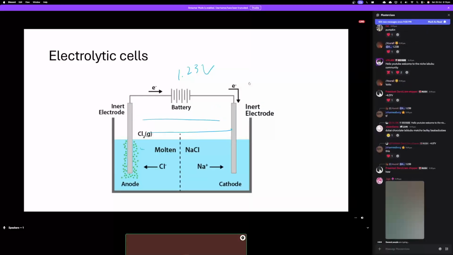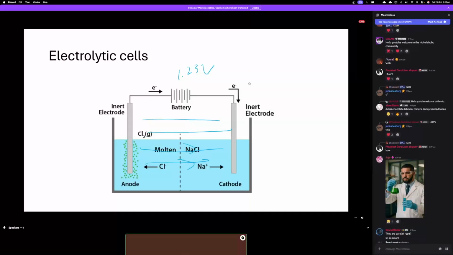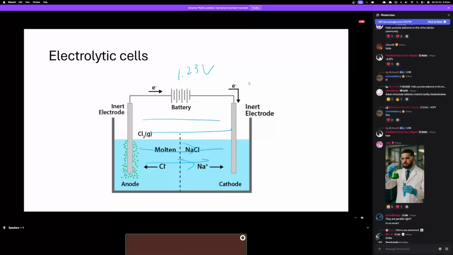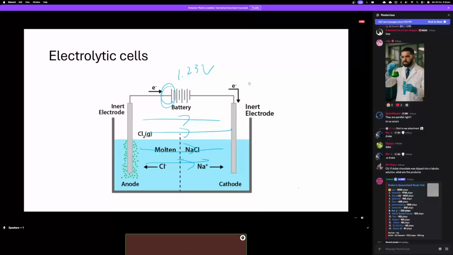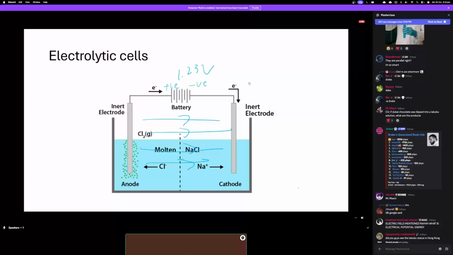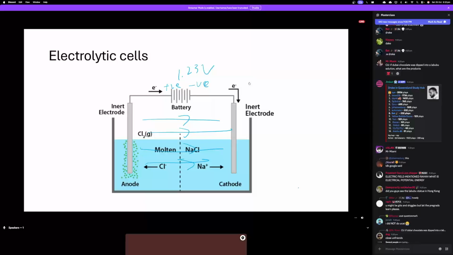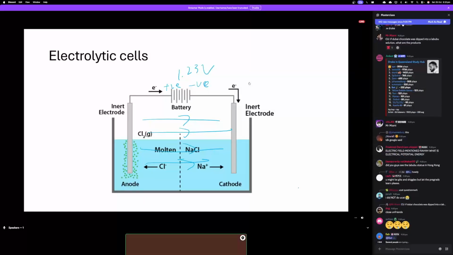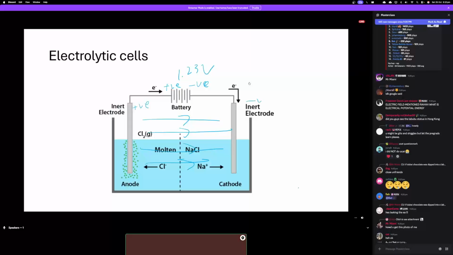I don't want to get too much into physics, but the idea of an electric field is there is a force of attraction. This is a battery. This is the positive end of a battery, and this is the negative end. Batteries have a positive side and a negative side, right? So this is a positive terminal, and this is a negative terminal.